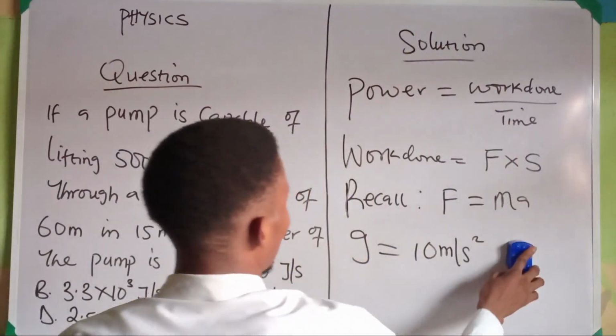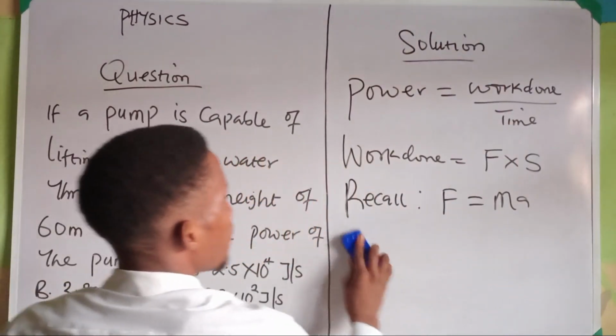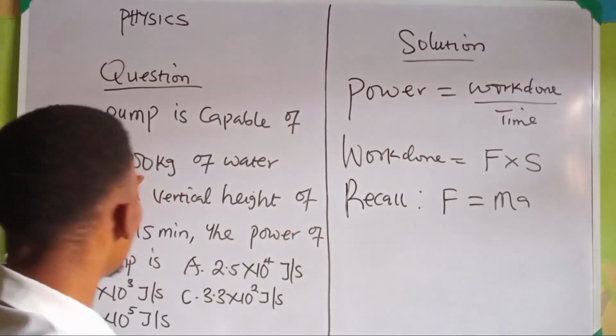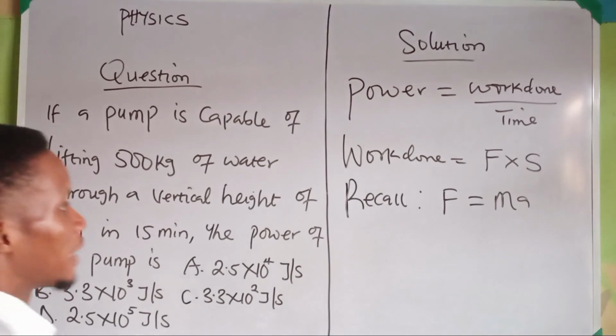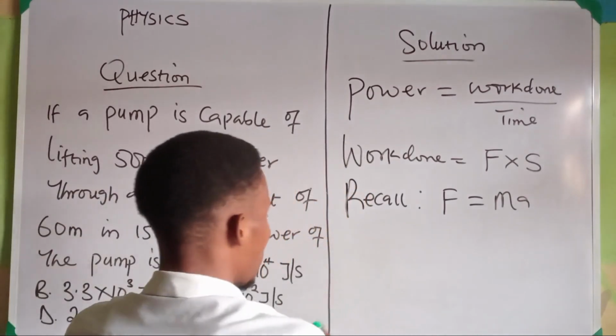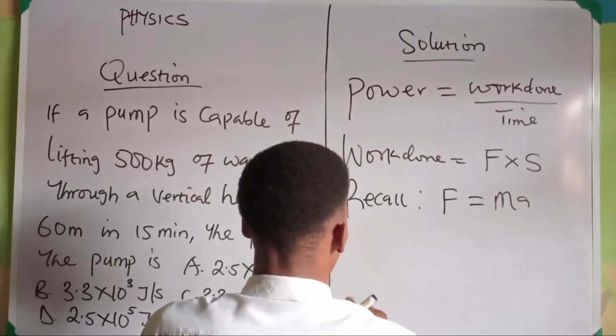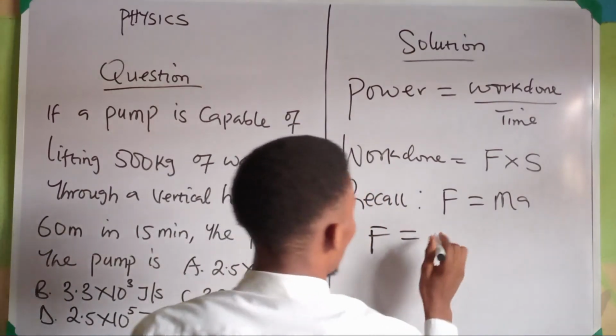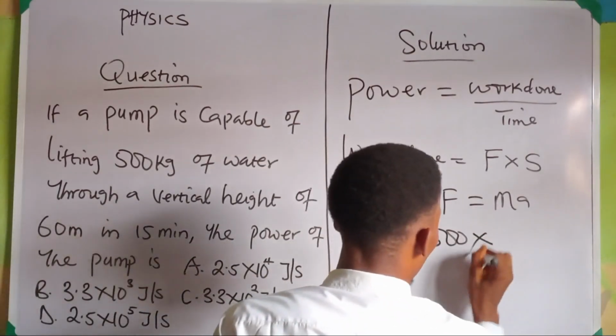So if you recall that force is equal to mass times acceleration, we are given our mass here to be 500 kilogram, and then our force is 500 kilogram multiplied by what?